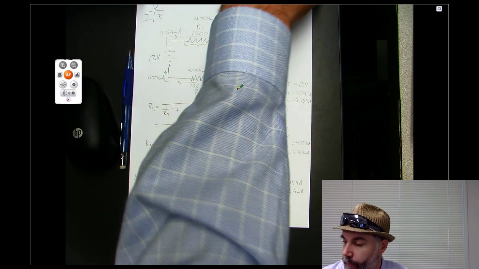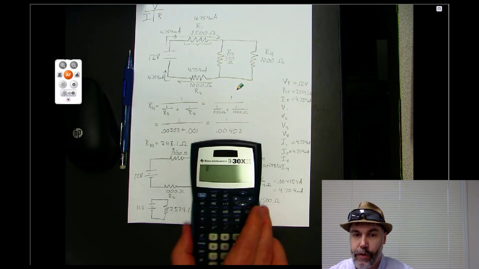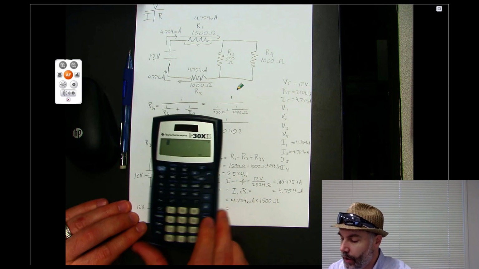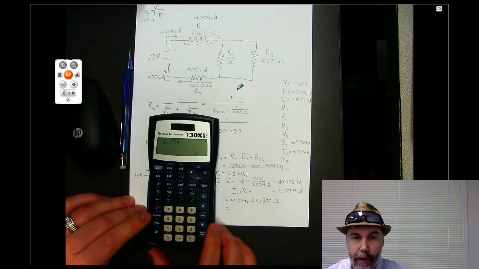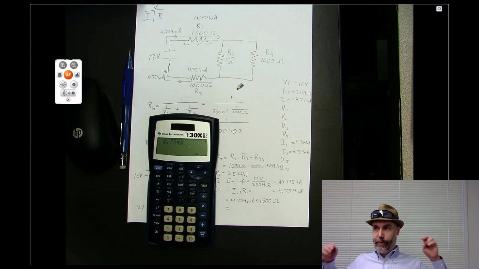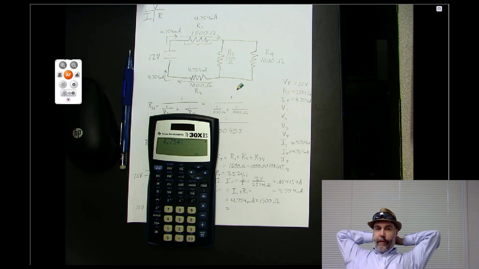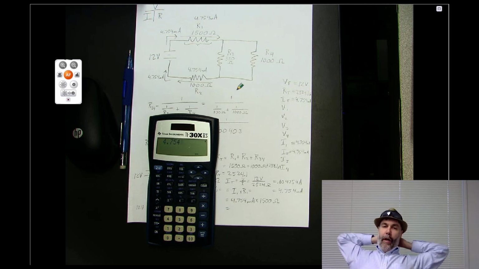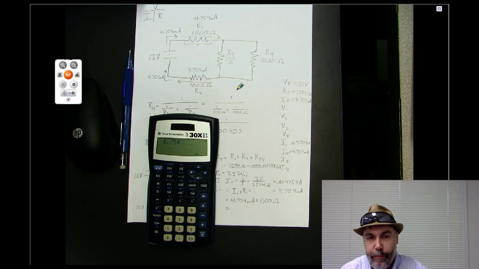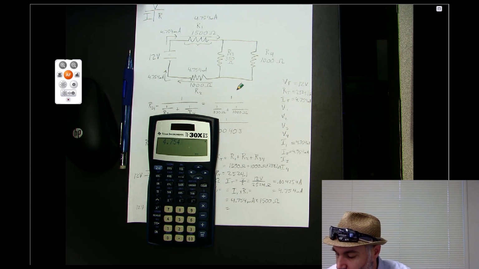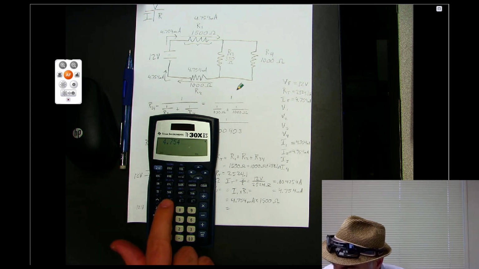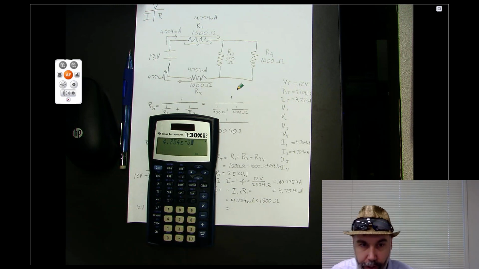So we can do that on our calculator. What I can do is put in 4.754, and then this is milliamps, right? So I can't just multiply this times my resistor value. I have to convert this from milliamps first. I could do that in a couple ways. I could divide it by 1,000, or I could use that EE function on my calculator. So I could say EE negative 3.